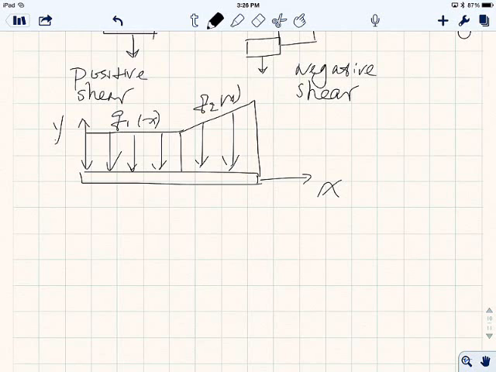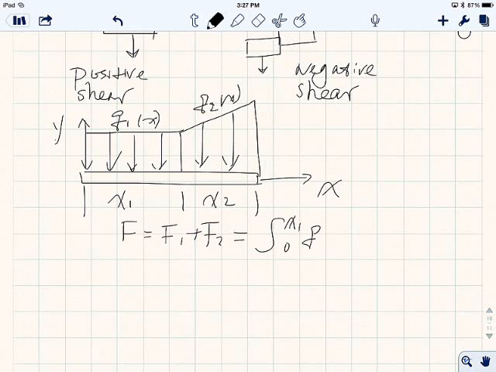And the way you do it is, say this is x1, this is x2. So the total equivalent force is just equal to F1 plus F2. And F1 is the integration from 0 to x1 of Q1(x) dx.